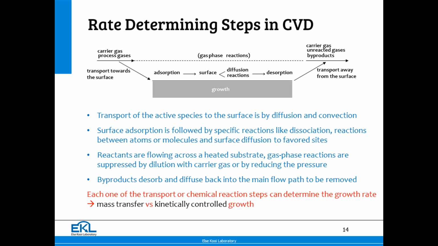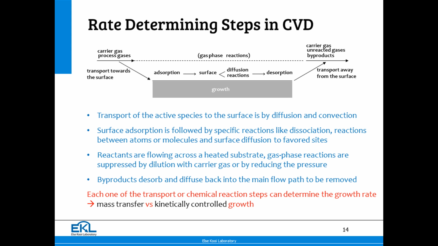The surface adsorption is followed by specific reactions, and in an ideal case, of course, we only have reaction at the surface of the wafer, the surface of the susceptor, at a heated surface. Why don't we suffer from gas phase reactions?